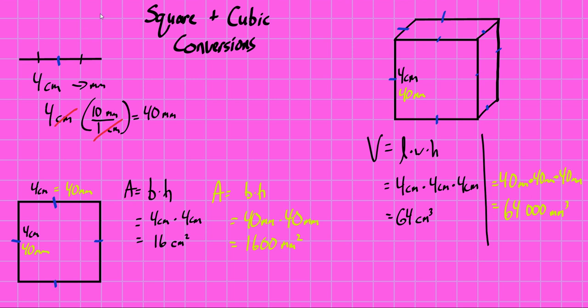So this works really well for length, but for anything else, if it's cubic, anything that's not easily picturable, then just remember the rule that if you're making a conversion with a square or a cubic unit, do the linear conversion that many times, 2 times or 3 times.